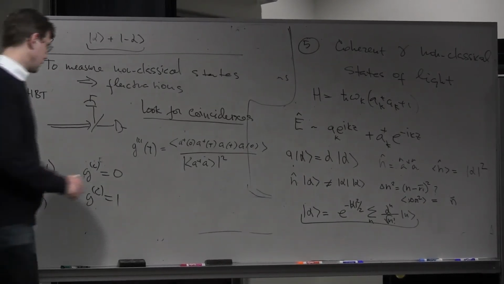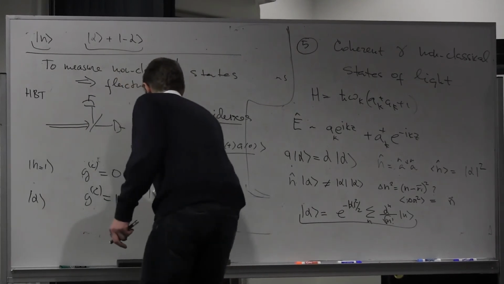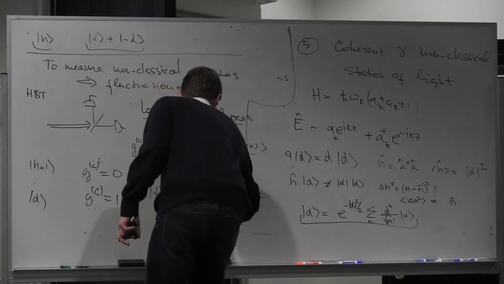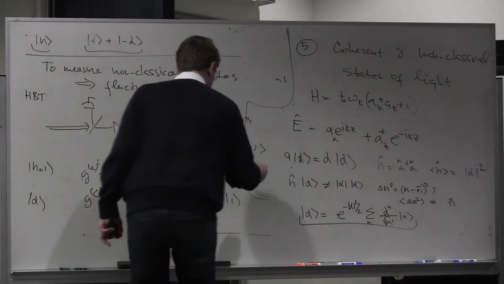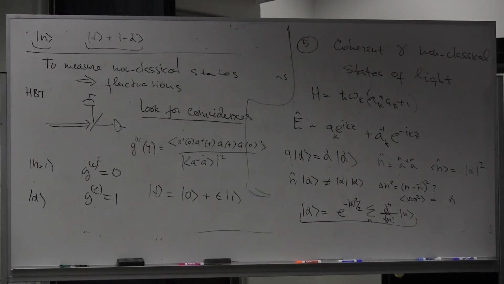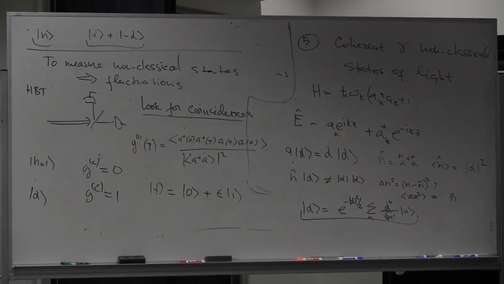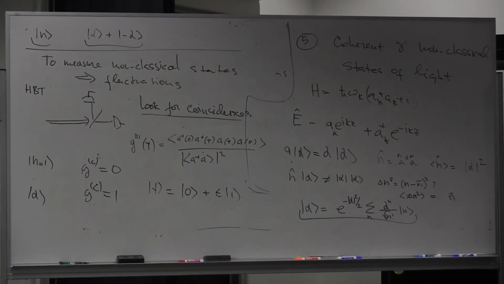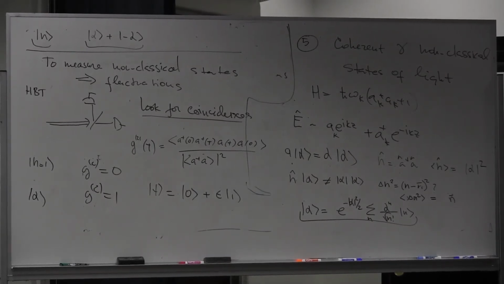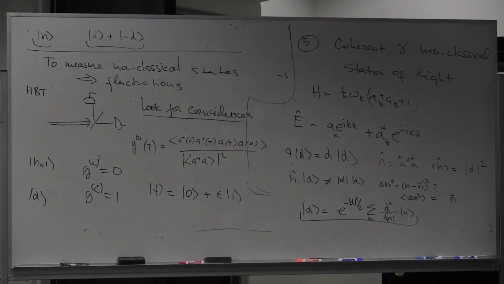Most of the states which are produced are states like this. They are mostly vacuum, plus with some small probability you have a Fock state, right? For example, if you have a single photon emitter and you excite it, by the time this excitation trickles down to the detector, it will be absorbed or scattered with some probability.